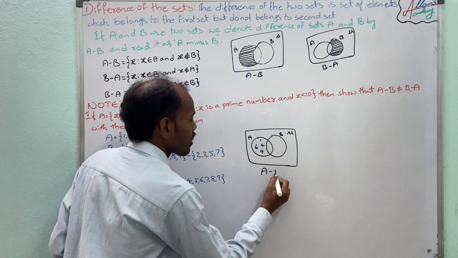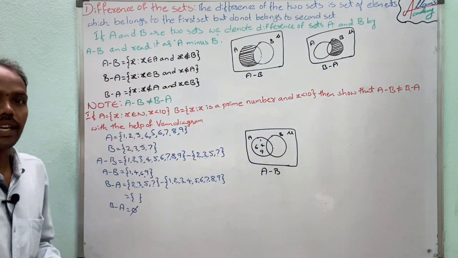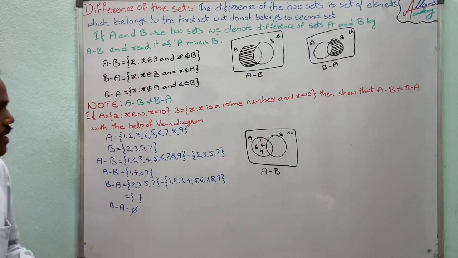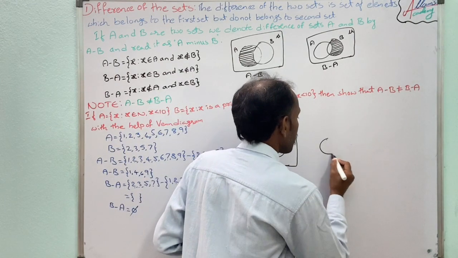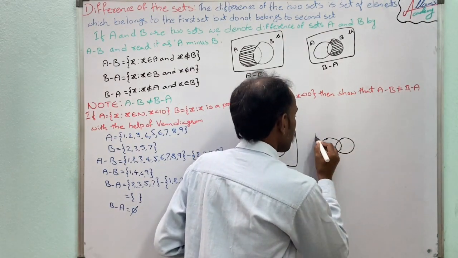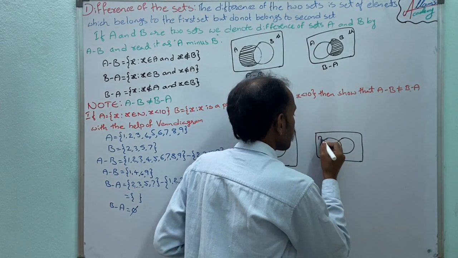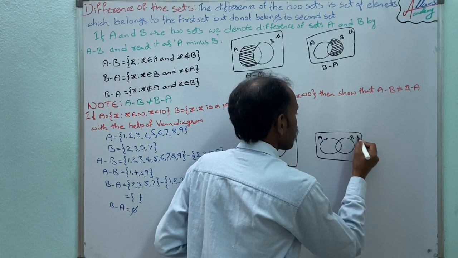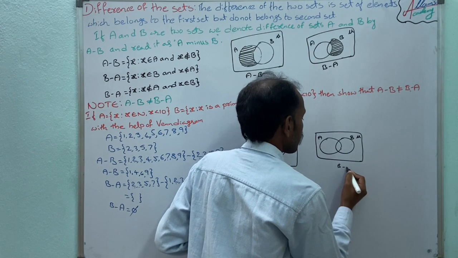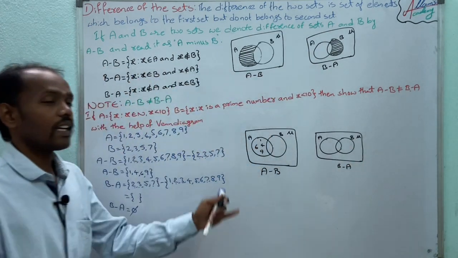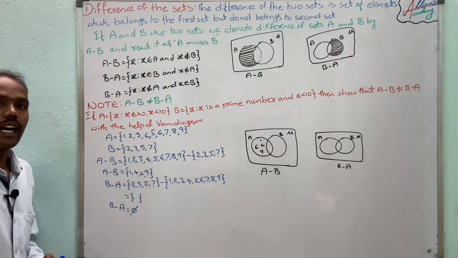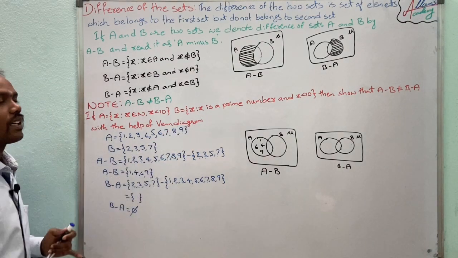So it is the answer for A minus B. Now for the B minus A Venn diagram, here no element remains, so that is the empty set.